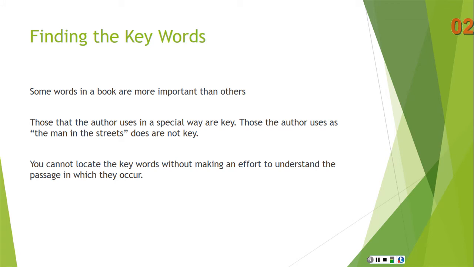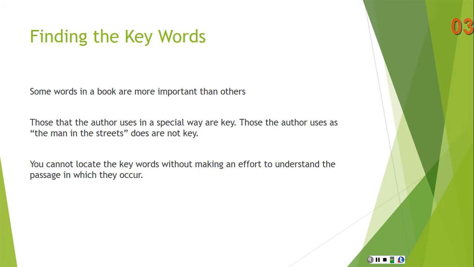Okay, so you can't locate the key words without making an effort to understand the passage in which they occur. So locating the key words in a particular passage is a matter of understanding the passage or recognizing the context. So if you see a word and you're not sure whether it's key or not, you need to make an effort to read the entire passage and pick up on how this word is being used within the passage.